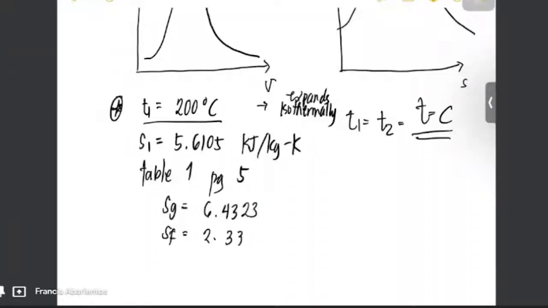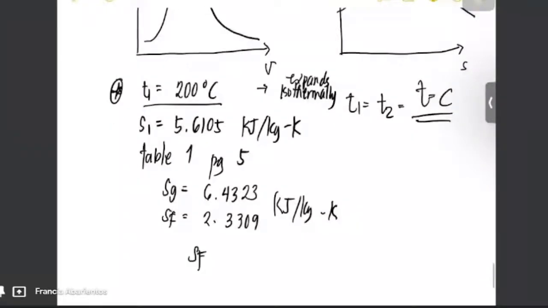So, class, you all know that the entropy of the saturated liquid is greater than the given entropy, but it is less than the saturated vapor, the entropy of the saturated vapor.